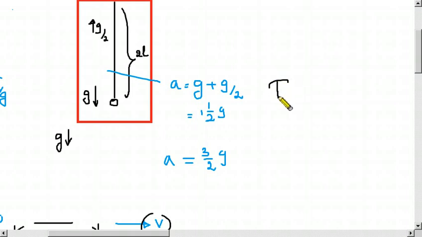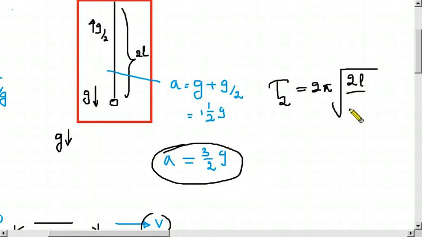So let us substitute into the equation. Suppose the period is T2, equal to 2 pi root of the length, which is 2 times L, divided by the acceleration, 3g divided by 2.